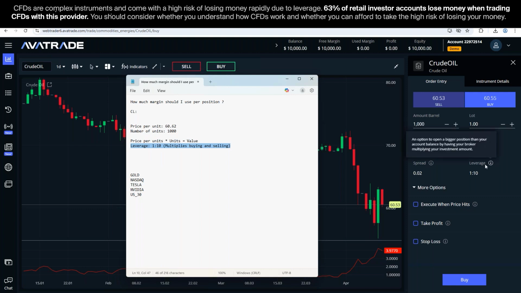Since we're multiplied by 10, we can divide the value by the leverage to know the necessary margin. We call it the margin impact. So we can go value divided by leverage equals margin impact, which in this case is 60,000 divided by 10 gives us 6,000.